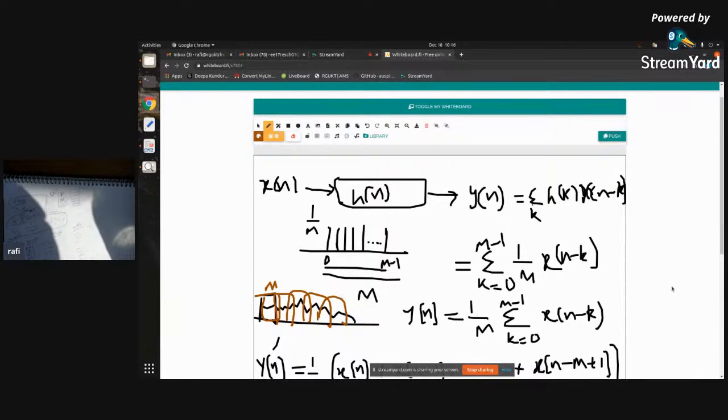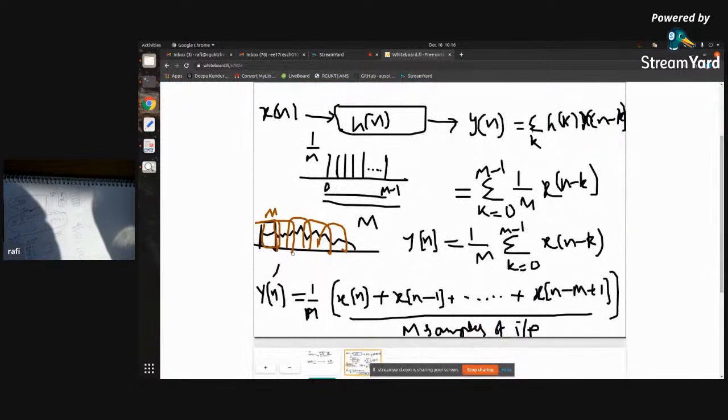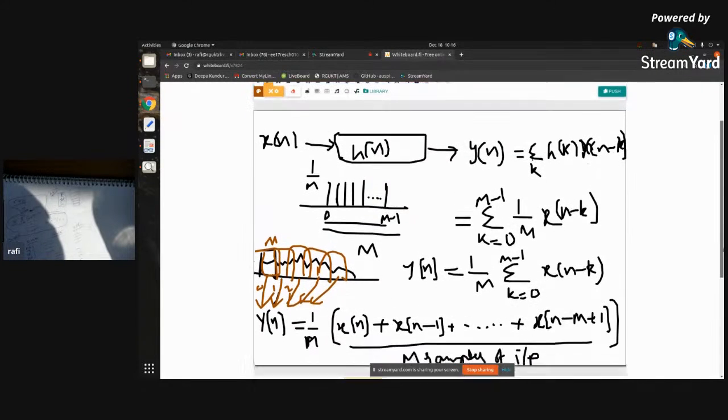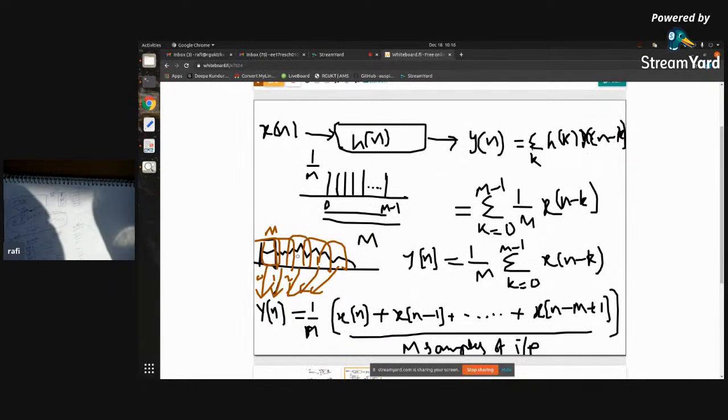For every shift in this window, you will get a new y of n. Here n is varying, maybe this is 0, this is 1, 2, 3, and so on: y of 0, y of 1, and so on. So you are moving this window over the input signal and calculating the output. That is the moving average system.